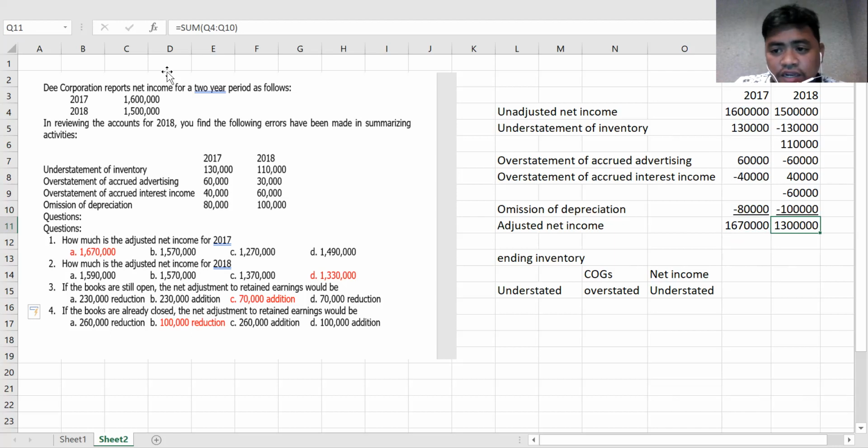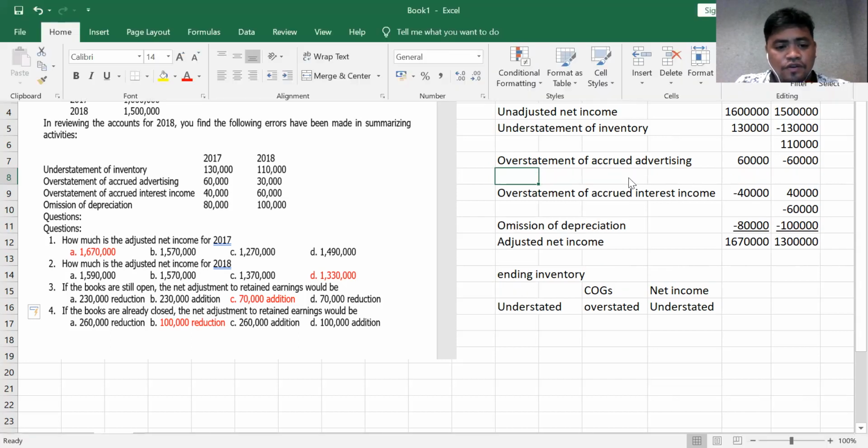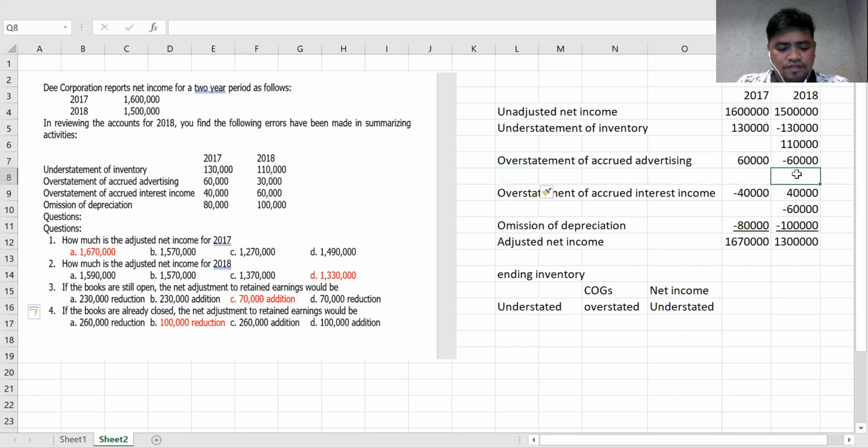So let's check. There is also an overstatement of advertising for 2018 of 30,000. So you have 1,670,000 for 2017 and 1,330,000 for 2018. This is the answer, letter E and letter D.